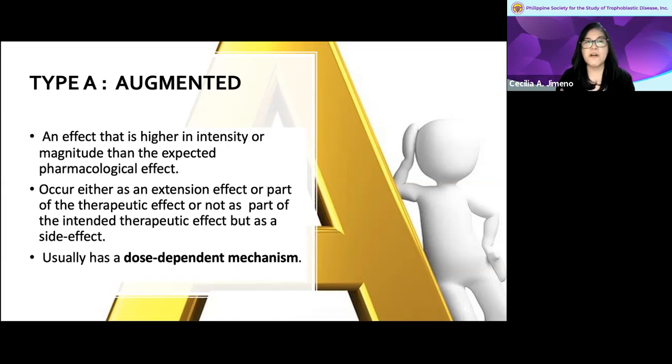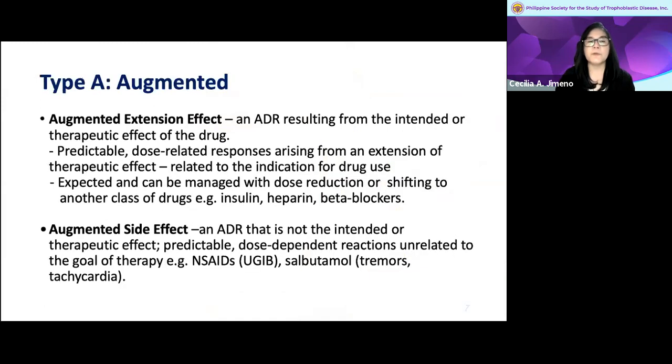And so the first kind of augmented adverse drug reaction is really an extension of the therapeutic effect, and typically has a dose-dependent mechanism. This is what we call the augmented extension effect. For example, if you're using insulin, the intended effect is to bring down your blood sugar, to control it. But if insulin is mismatched with your meals, with the caloric intake, it can cause hypoglycemia.